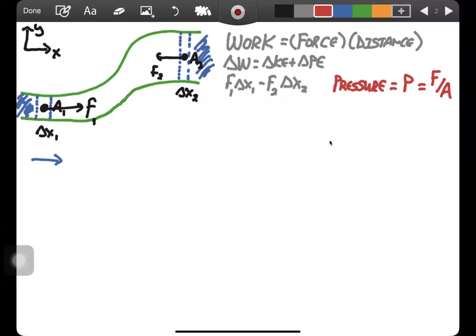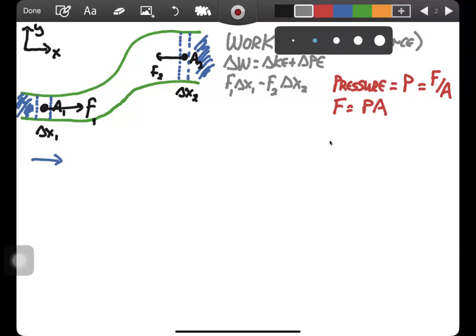And so there's a force applied over cross-sectional area 1, and there's also a force applied over cross-sectional area 2. So we have two different pressures, a pressure on the left and a pressure on the right. And because our work equation has the force F1 and F2 in it, I'm just going to rewrite this equation. I'm just going to say that the force is equal to the pressure multiplied by the area. To do that, I just simply multiply both sides of the relationship by the cross-sectional area.